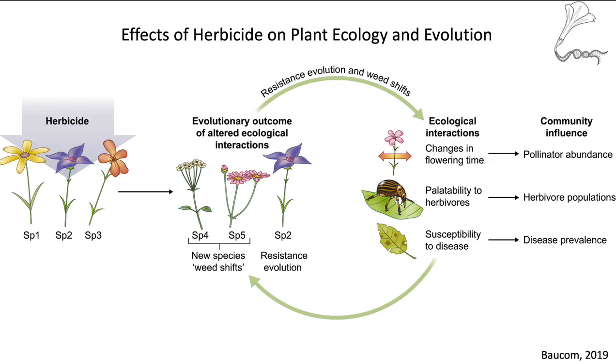Herbicides can also have immediate effects on the ecological interactions like changes in flowering time, palatability to herbivores, and susceptibility to diseases. Or can have long-term ecological changes from resistance evolution and weed shifts. Here, I'm going to focus on this resistance evolution and the genetics underlying this process.